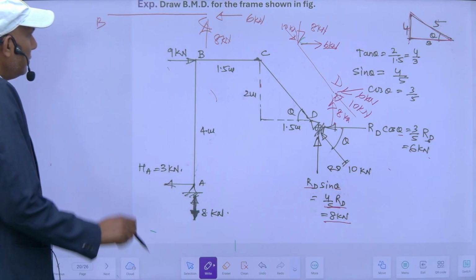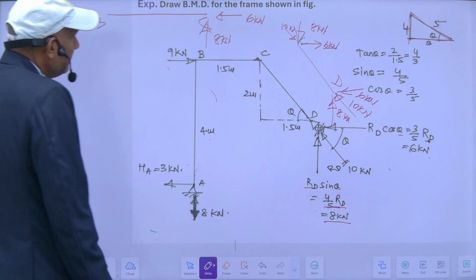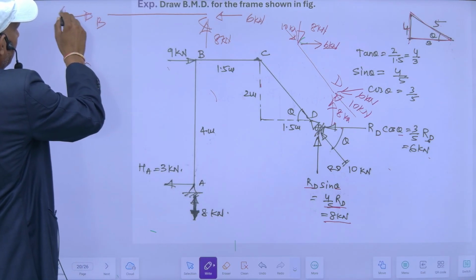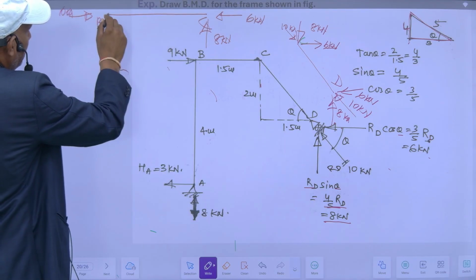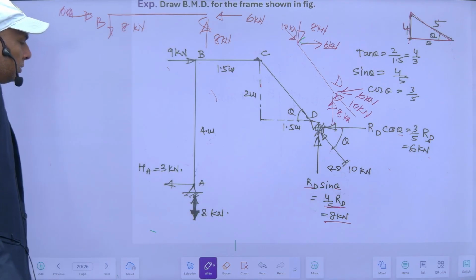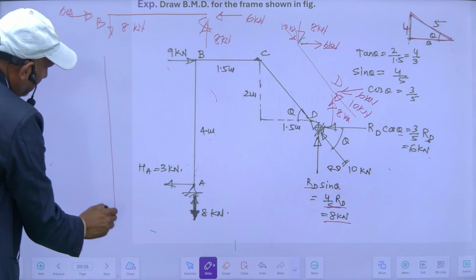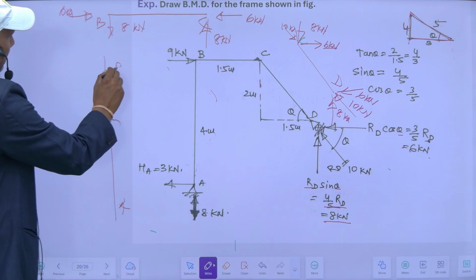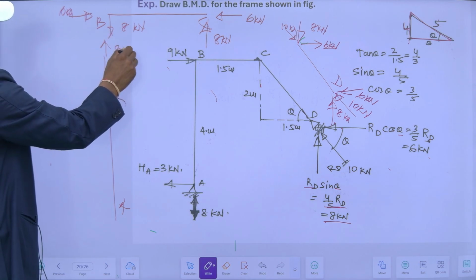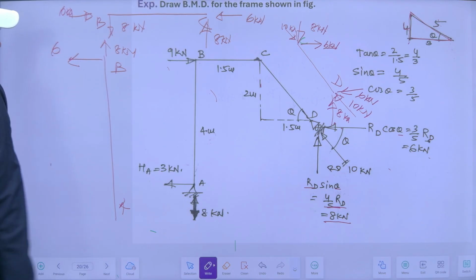So there is no moment. For the BC portion, it will be like this. Again it will be 6 kilonewton here, and this is upward, so it will be downward. So this is the free body diagram of BC. For the AB portion, this is A, this is B. Since this is downward, it will be upward of 8 kilonewton. This is towards right, so this must be towards left.